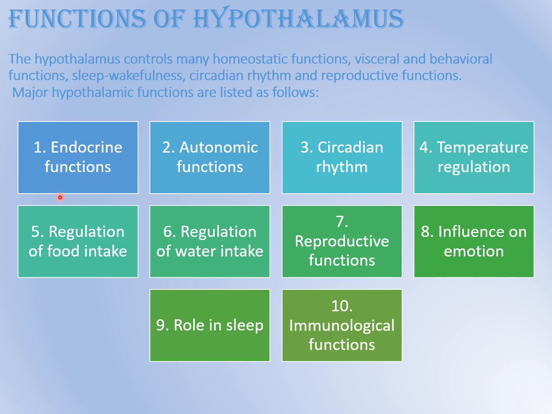First of all we discuss the endocrine function, second autonomic function, then circadian rhythm, fourth temperature regulation, regulation of food intake, regulation of water intake, reproductive function, influence on emotion, and what is the role of the hypothalamus in sleep, and in immunological function.